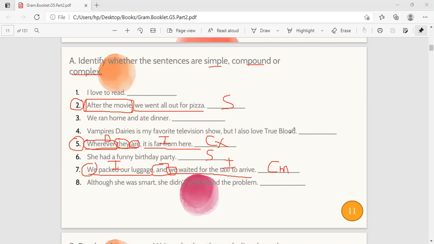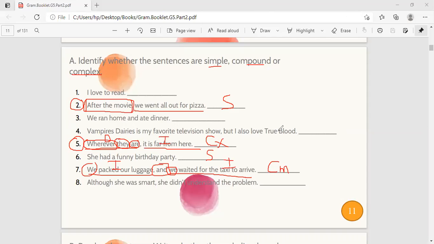Number 8, please, miss. Although she was smart, she didn't understand the problem. What is this, Ibrahim?